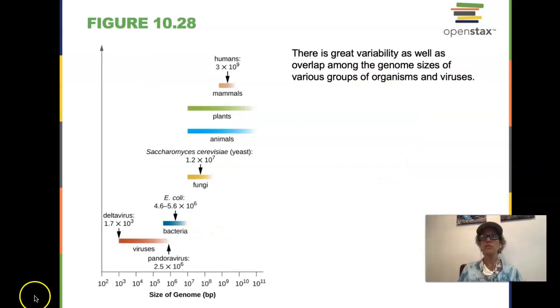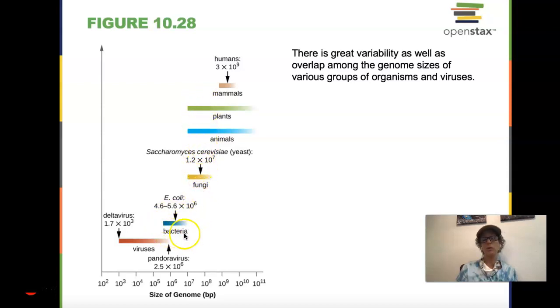Genome sizes can vary dramatically, and that dramatic variation is somewhat related to complexity, but not entirely. Here we are with our 3 billion nucleotides. There are plants that have at least that many to even more. Other animals vary also dramatically. Yeast, a single-celled fungus, comes in equal to the low end of plants and animals.